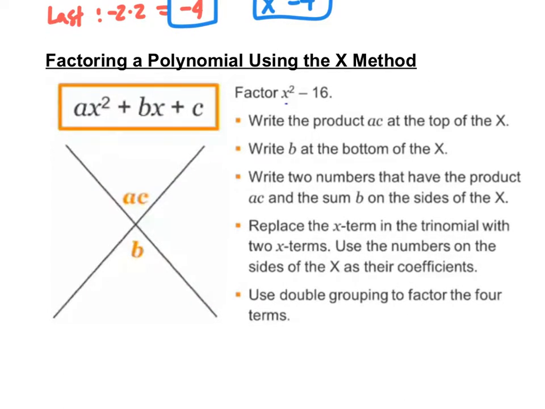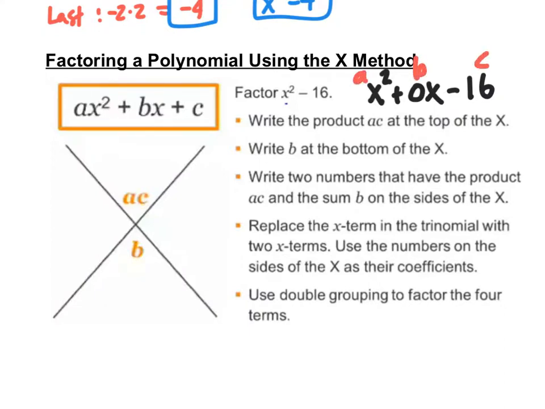Now let me rewrite this real quick because it's kind of hard to identify the b value when you have something like this. So if I rewrite this as x squared plus 0x minus 16, then we get this polynomial where we can identify our a value, our b value, and our c value.